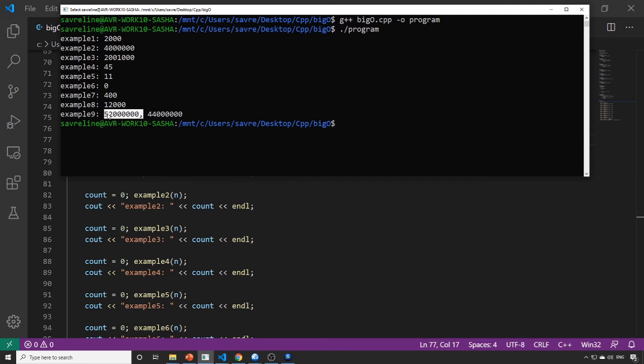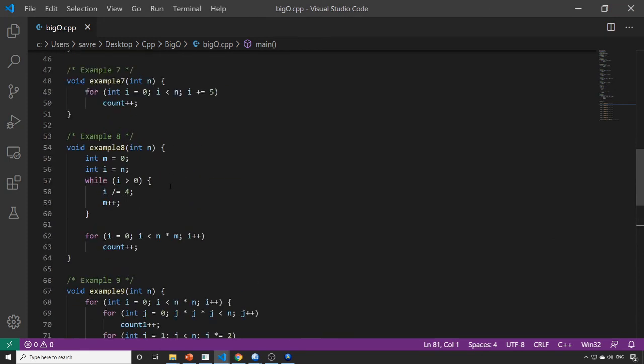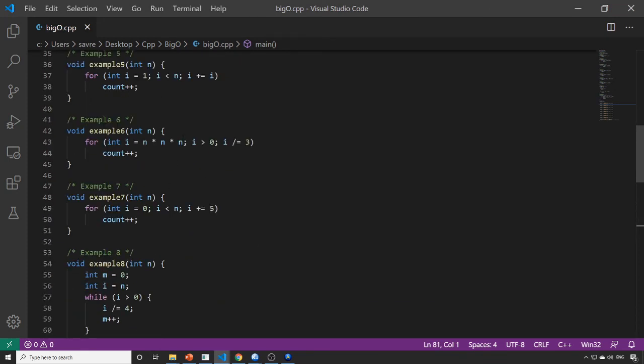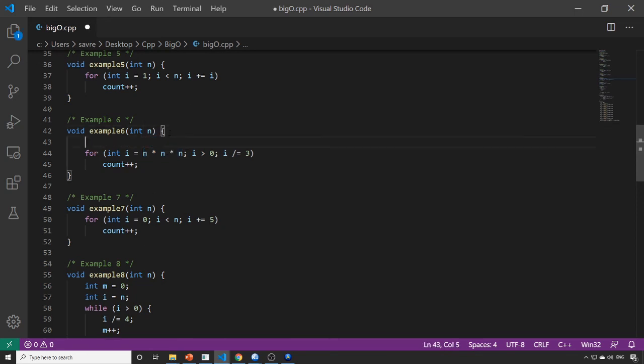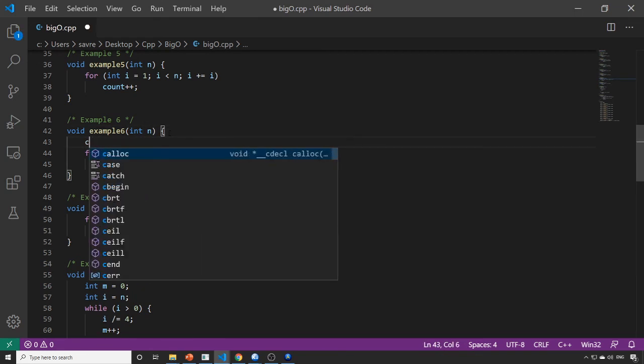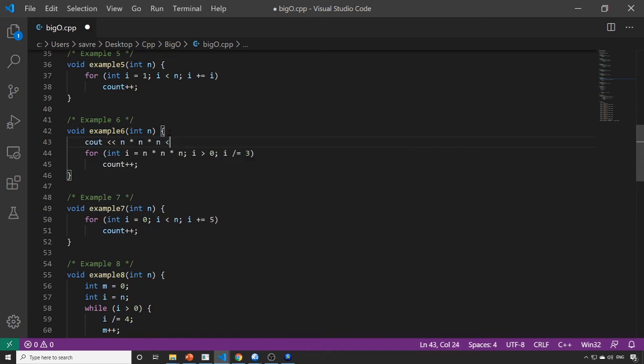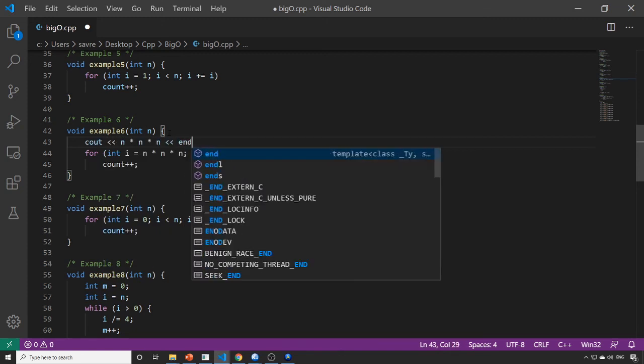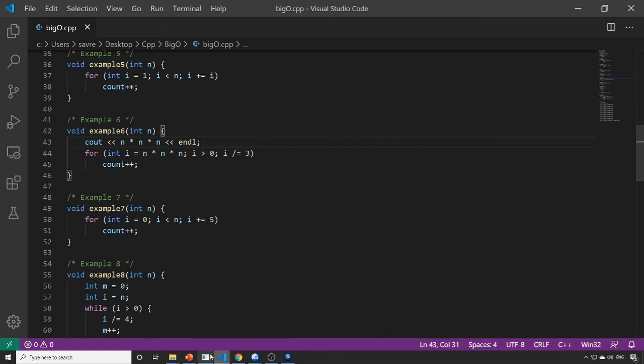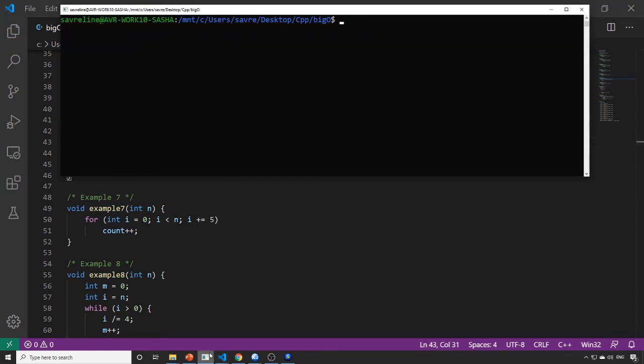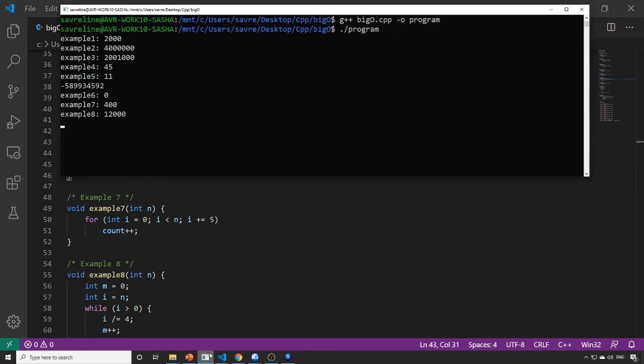Something else that's weird that happened here is the count for example 6 is 0, and that clearly doesn't make sense. That's because this n cubed here is so large that it caused an integer overflow. If we print it out, we see that this number is some garbage negative number.